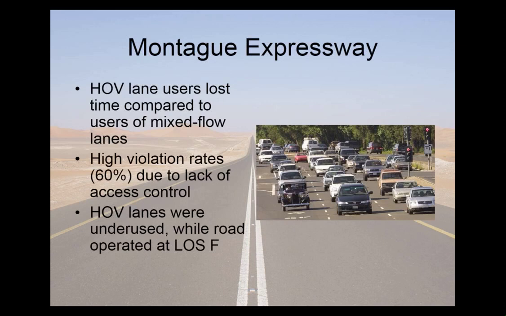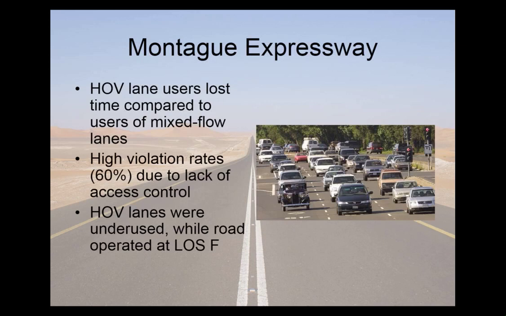The HOV lanes had high violation rates, in some areas as high as 60%, due to the lack of access control. Especially at intersections, vehicles would cut over into the HOV lanes to turn right, and also vehicles coming out of driveways, for instance, might inadvertently use the HOV lanes.